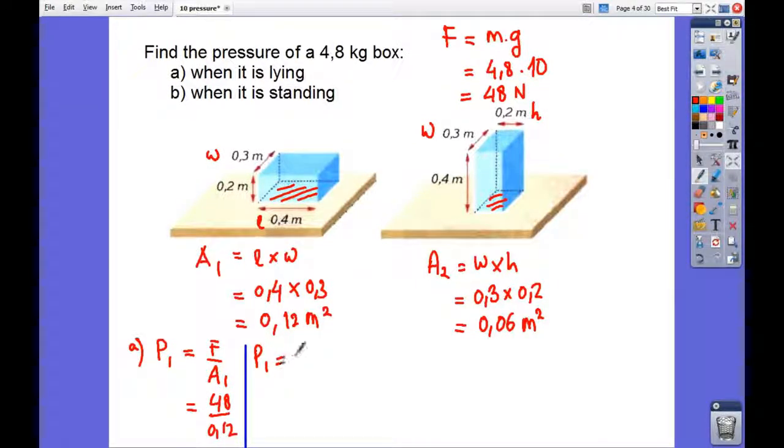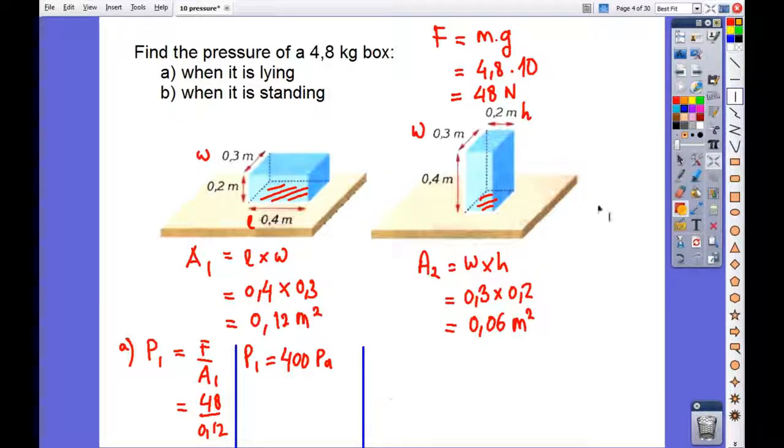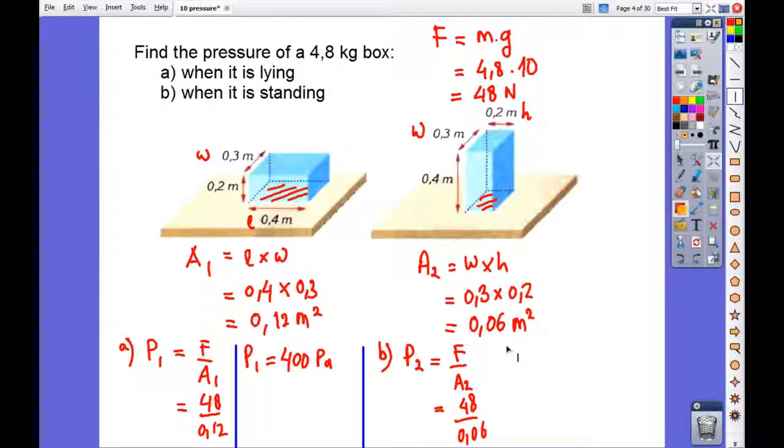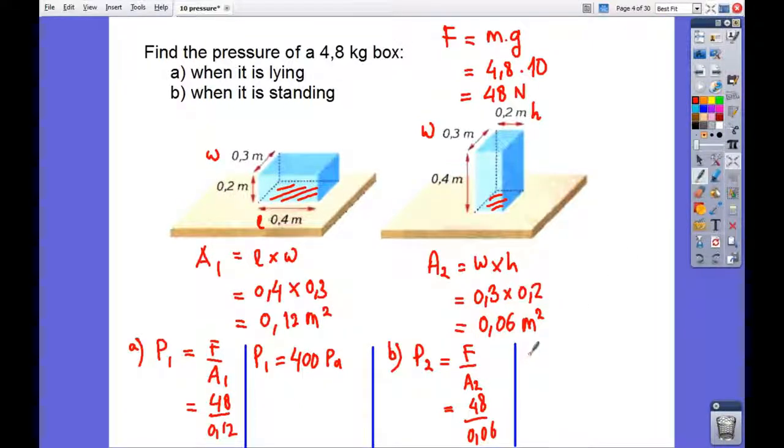So the pressure is 400 Pascal. For the second one, B, pressure 2 equals force over area 2, 48 over 0.06. It is 800 Pascal.